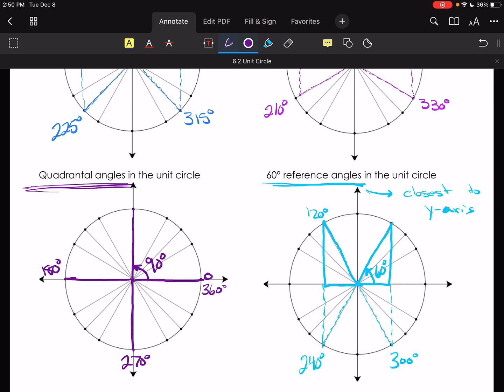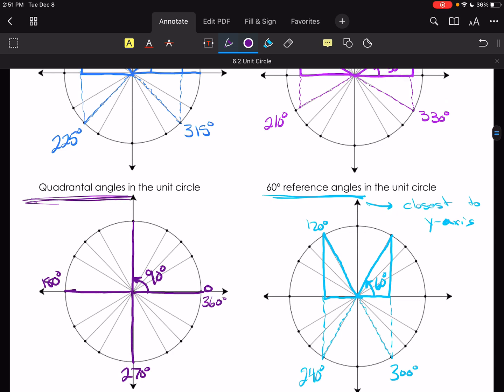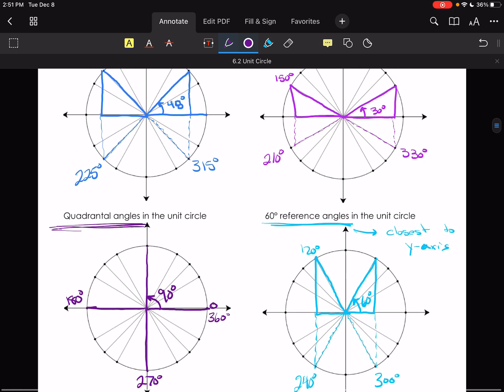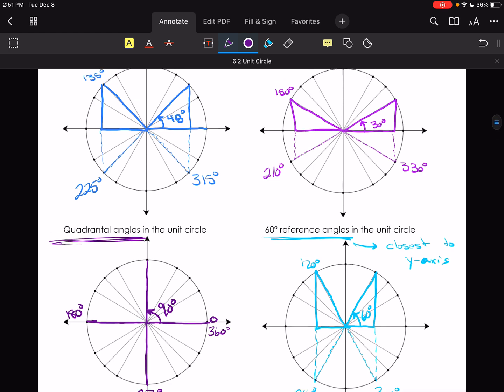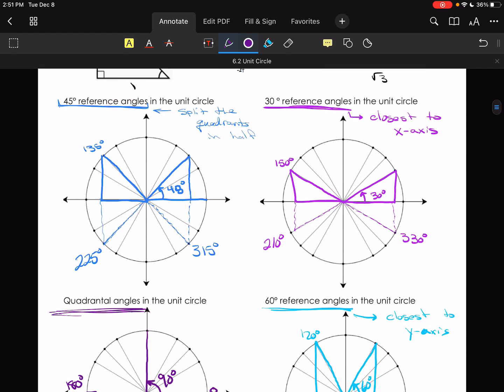All right. Now, that's the degree measures that we're going to focus on. And to give you an idea of the radians that go with these reference angles, your 30 degree reference angles, those are your pi over 6s on the unit circle.